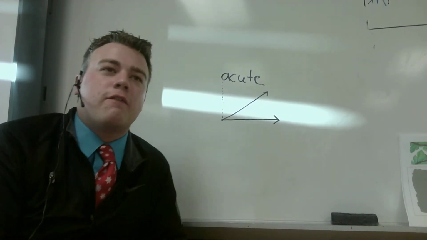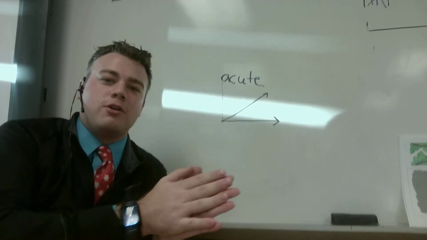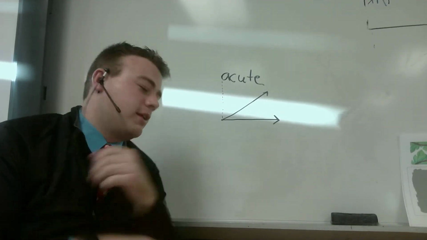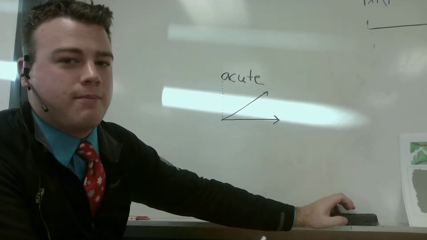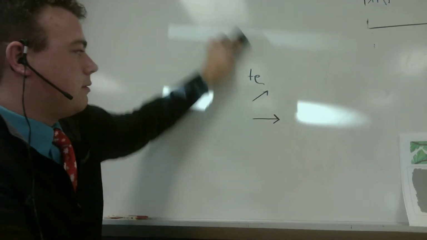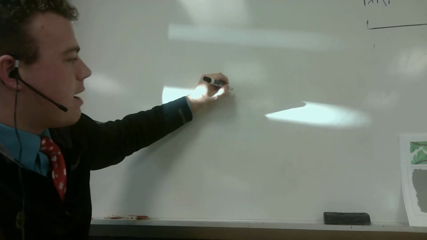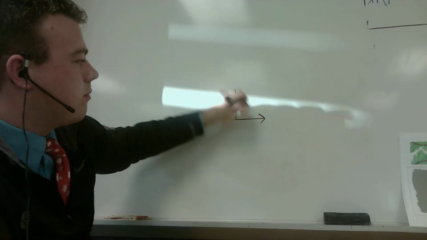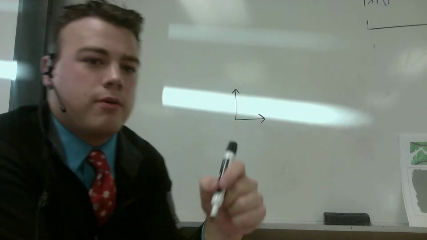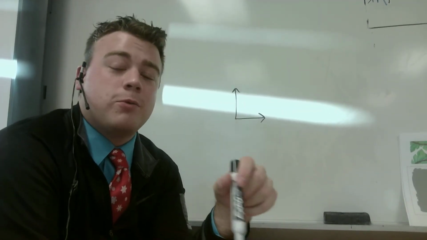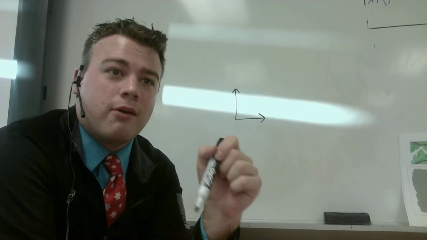So let's pause here for a second and review what we learned. We have a right angle. Think to yourself, say it out loud. What fancy word do we think of when we think of right angle? Perpendicular. Good. I know you got it right. Say it again. Perpendicular.